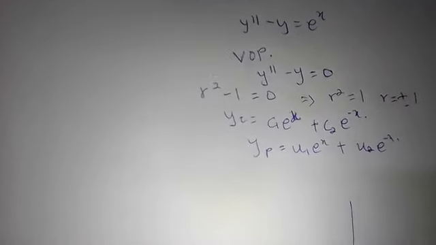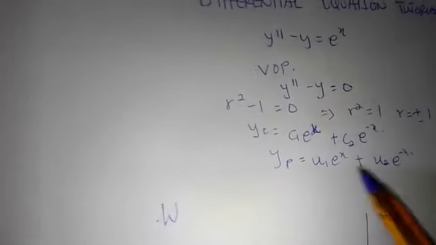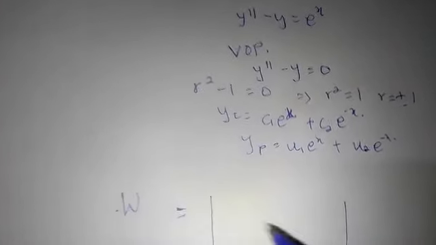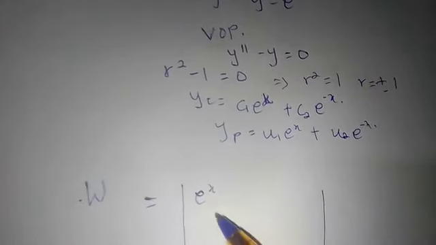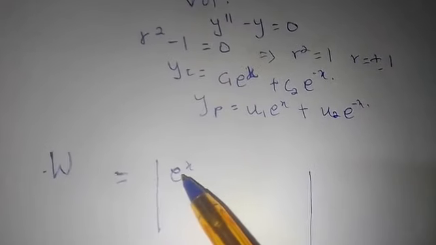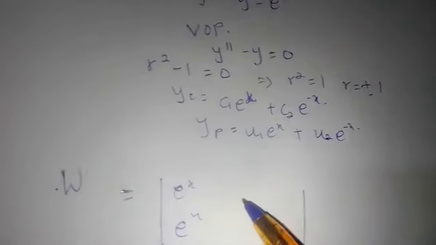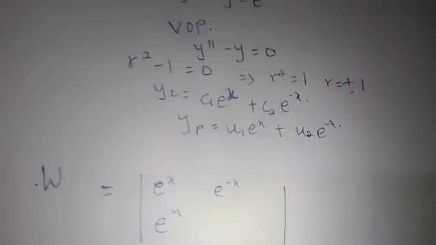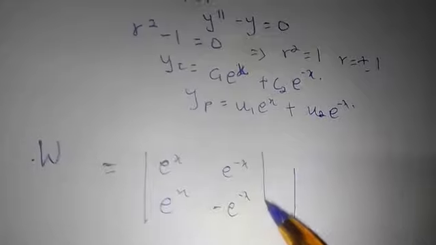This is where we apply the Wronskian W. The Wronskian is equal to the determinant of e to the power x, then below it the derivative, e to the power x, and then e to the power negative x, whose derivative is negative e to the power negative x.